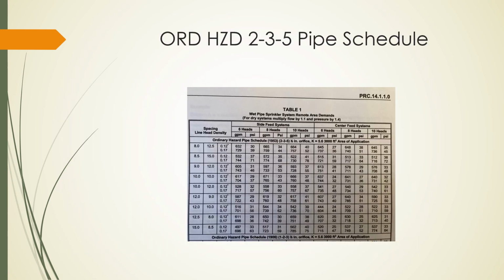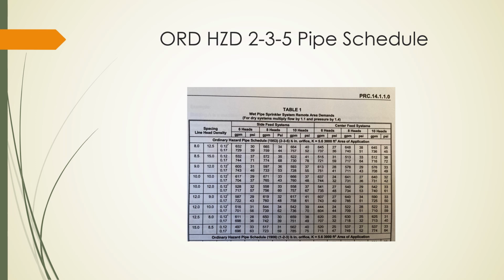On page 5 of that AXA document, you will see table 1. The uppermost portion has a number of boxes that we'll go through here. Table 1, wet pipe schedule, wet pipe system.